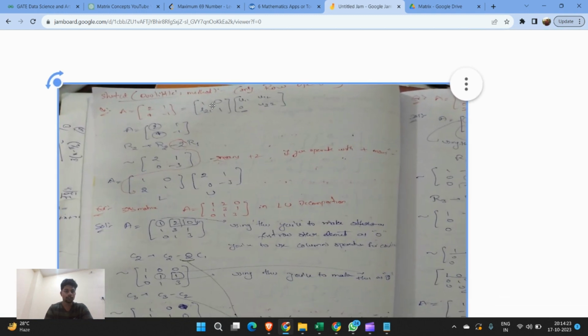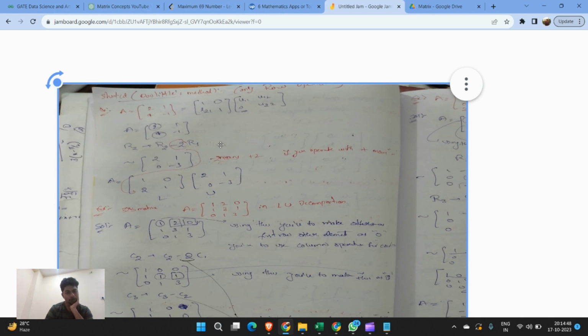Okay. See, guys, this is a Doolittle one only. So you have to arrange this in the Doolittle form. I already told you, if you are going with Doolittle, you have to do row operations instead of column operations. So here, your end result is that you have to make this element zero. How are you going to make this element zero?